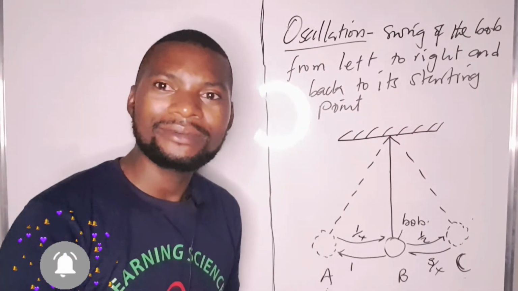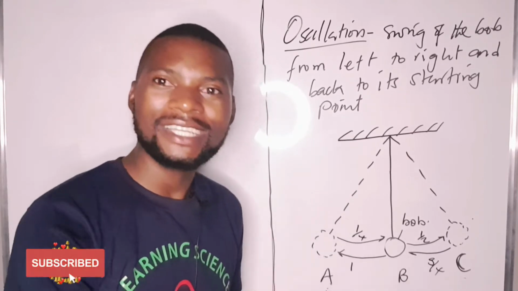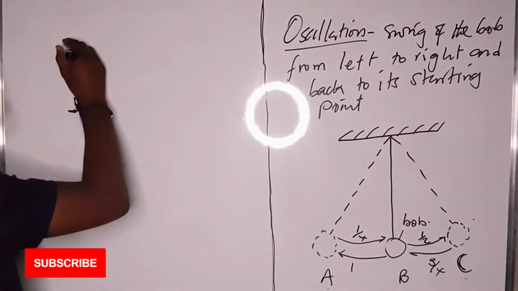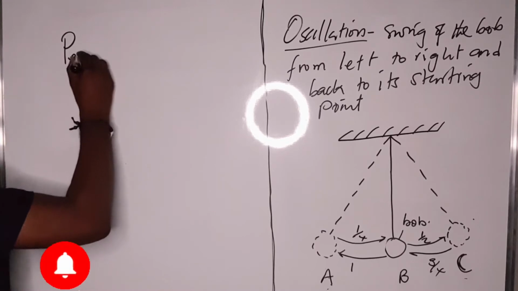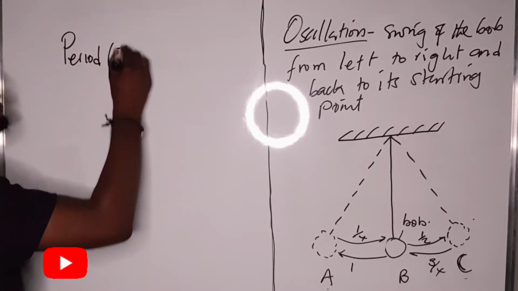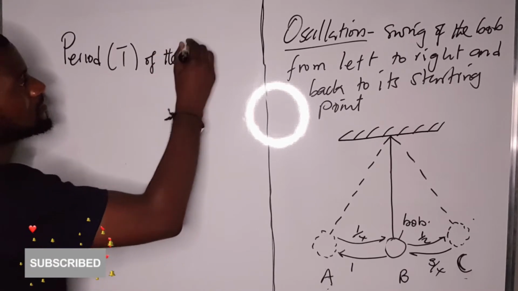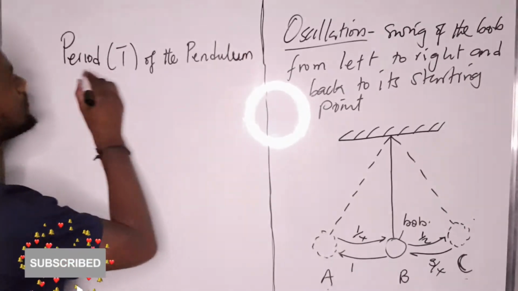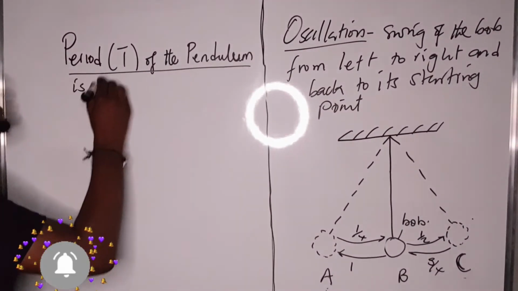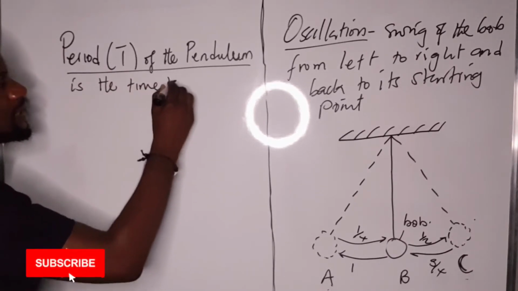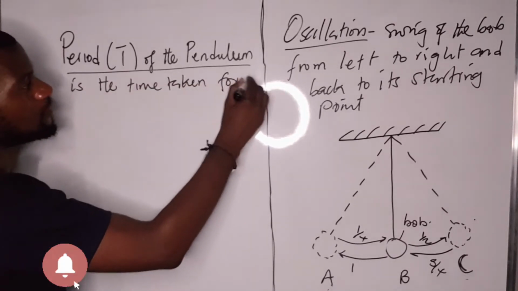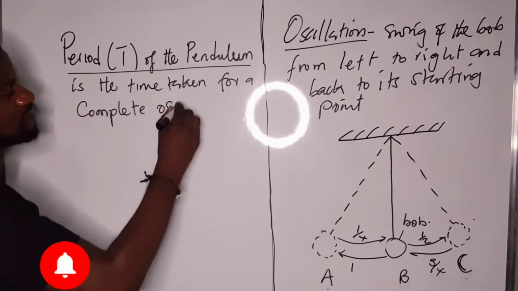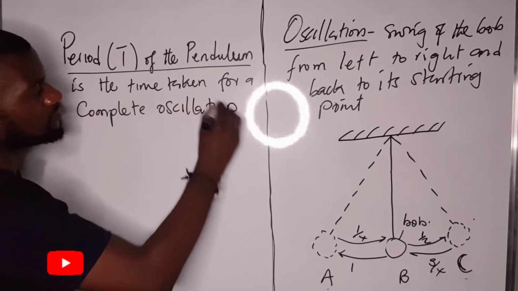The time that is taken for a complete oscillation is called the period of the pendulum. So the period of the pendulum is the time taken for a complete oscillation.